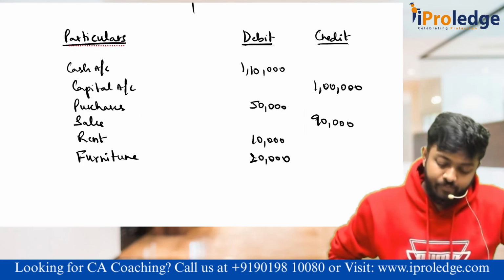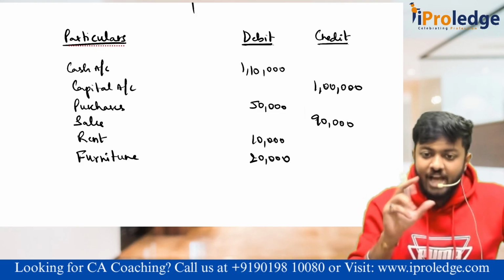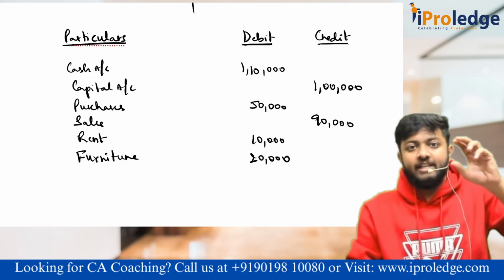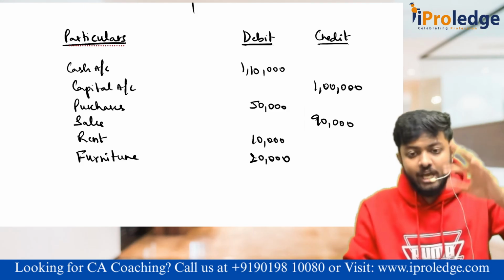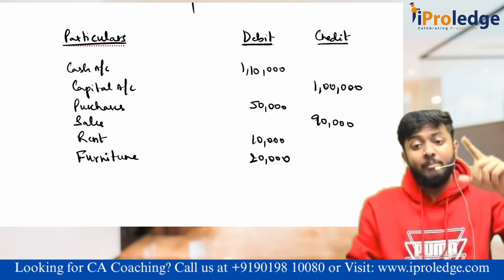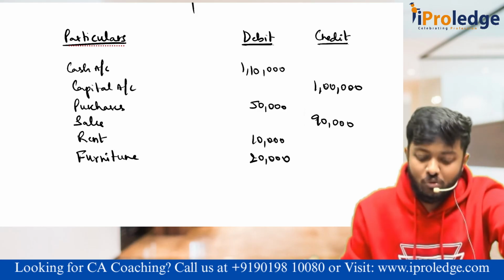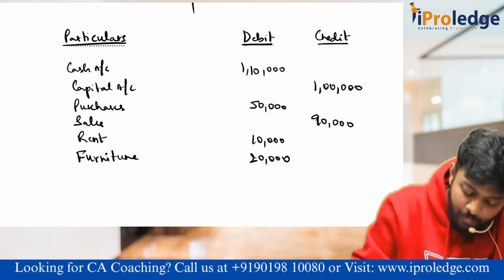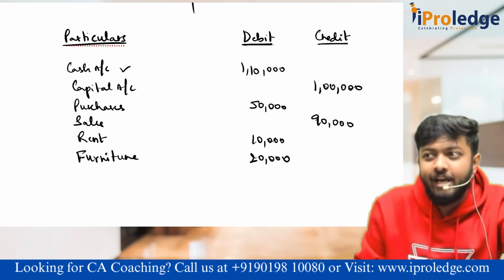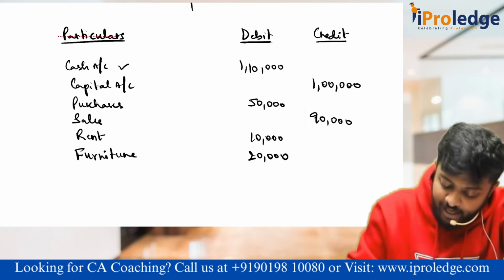Okay, guys, done. For both the furniture and purchases, cash is credited. So it should come on the credit side of your cash account, and now we have taken the rectified balance. Now let's see if the debit side and credit side match.